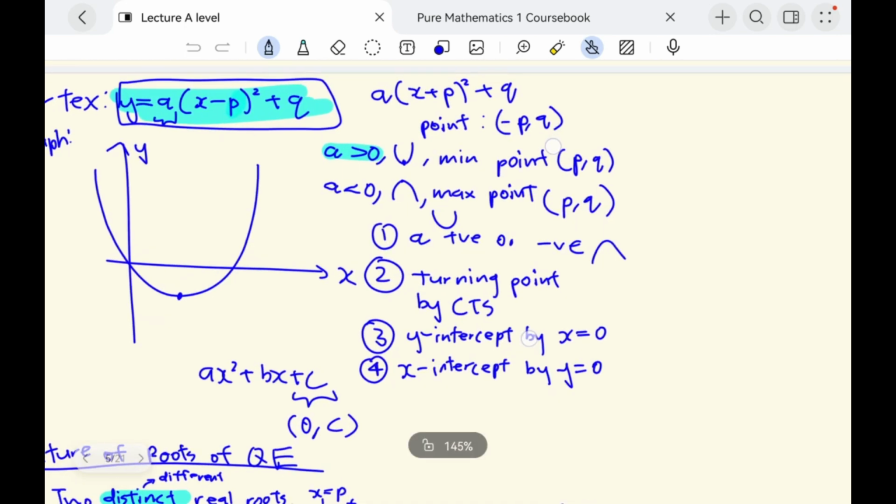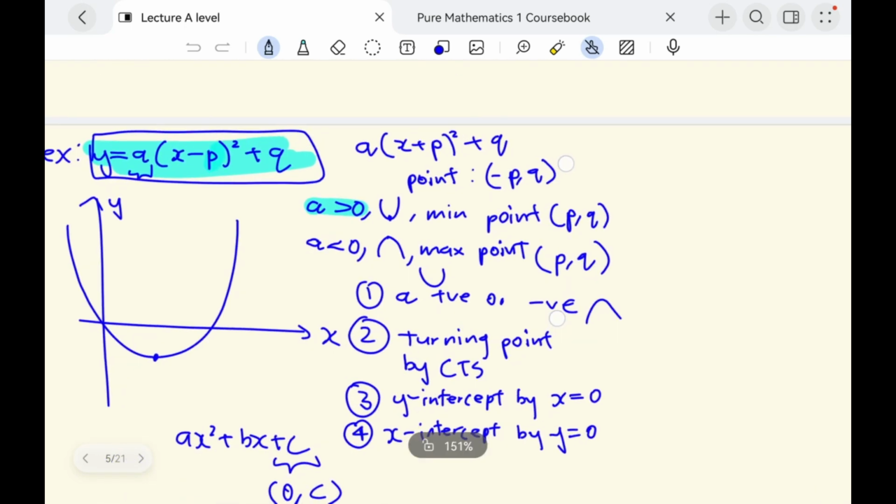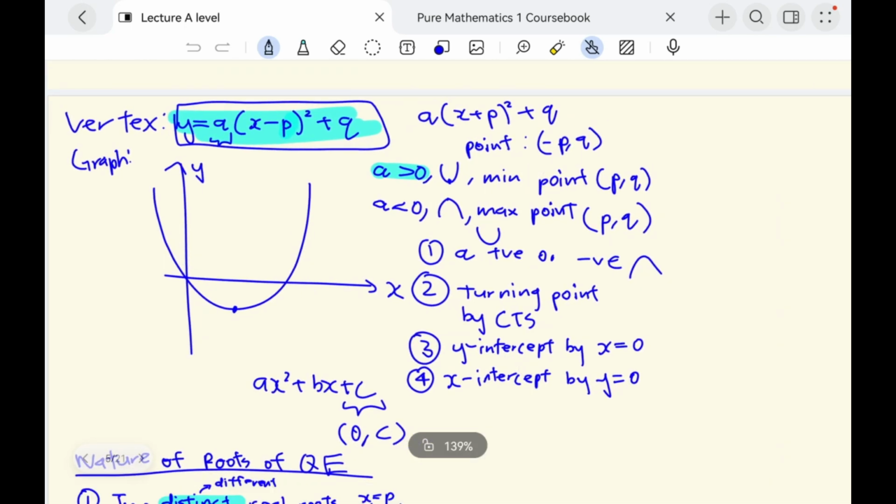So next is to discuss how the vertex form of the quadratic equation varies in the Cartesian graph. As I mentioned, the general vertex form is a(x minus p) squared plus q, where (p, q) is the coordinate of the turning point.